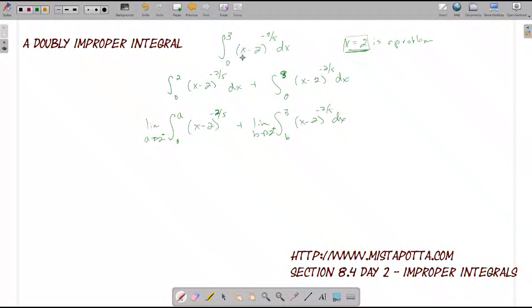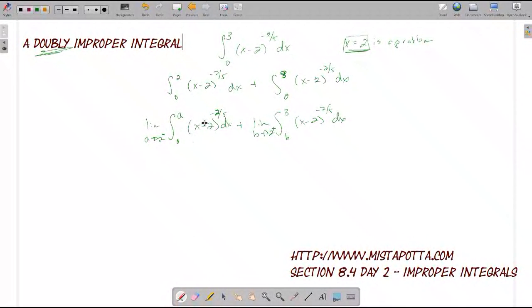As a matter of fact, I have a vertical asymptote at x equals 2. So if I want to evaluate each of these integrals, I'm going to have to look at it from a limit standpoint. And that's why I'm calling this a doubly improper integral, because I actually had to break up this one domain into two integrals, each of which is an improper integral.